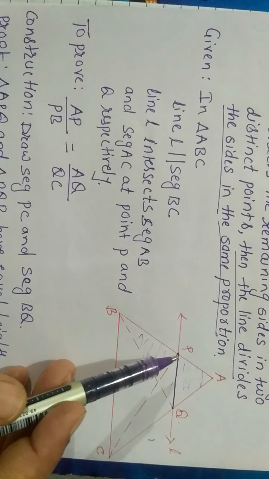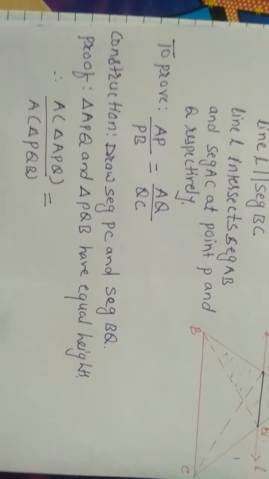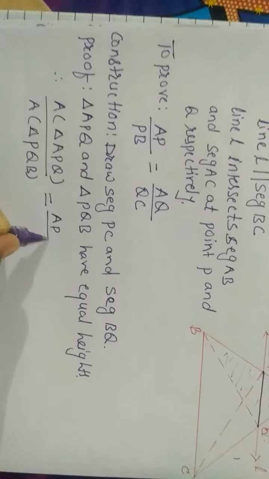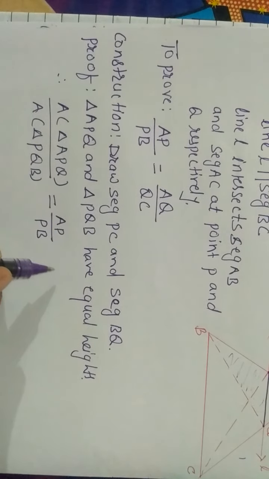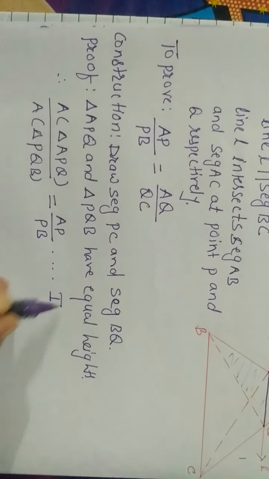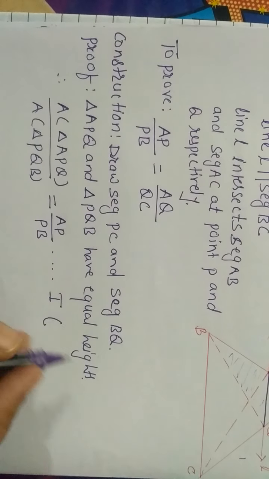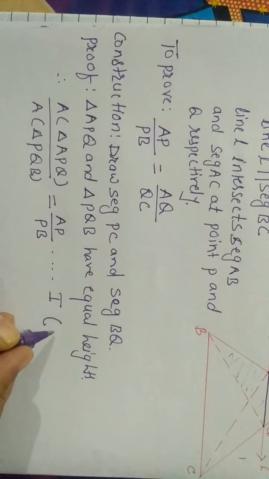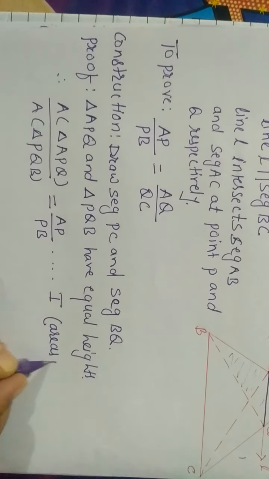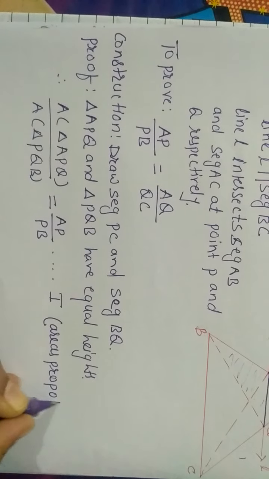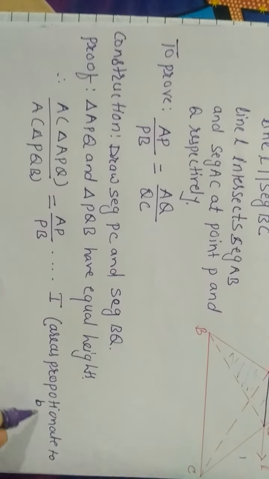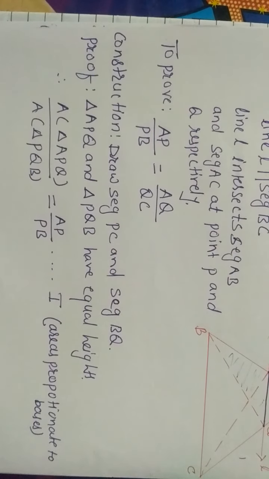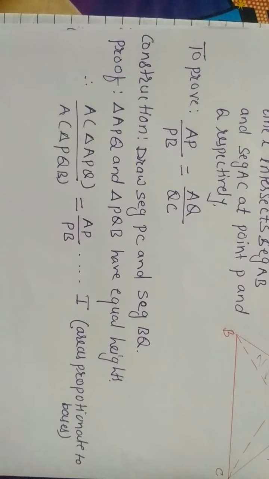AP is considered as a base and PB is considered as a base. So AP divided by PB. We consider that as equation number 1, by the property of areas proportionate to bases.